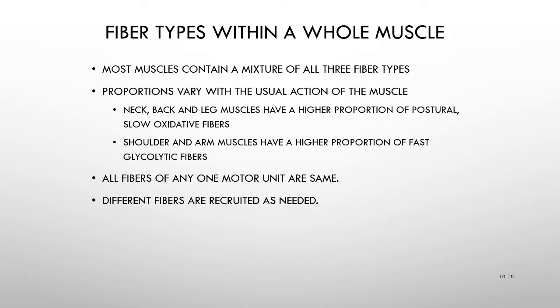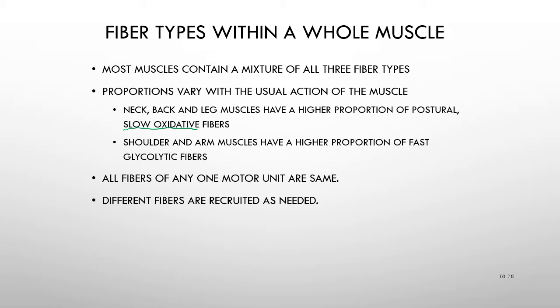So we have a combination of muscle fibers within a given muscle itself, but we do see specific areas that are going to have different types, depending upon a higher proportion of a particular type of muscle fiber. Things like our postural muscles are going to have those slow oxidative fibers.